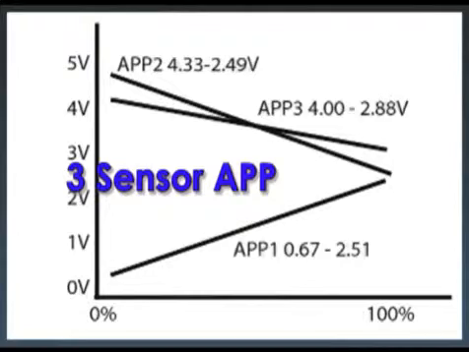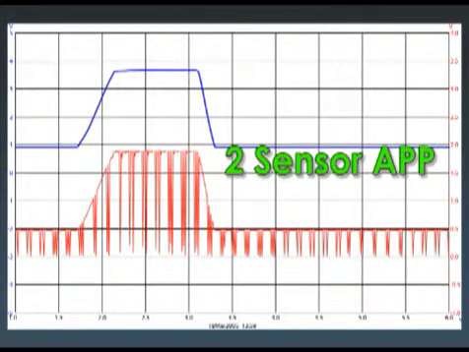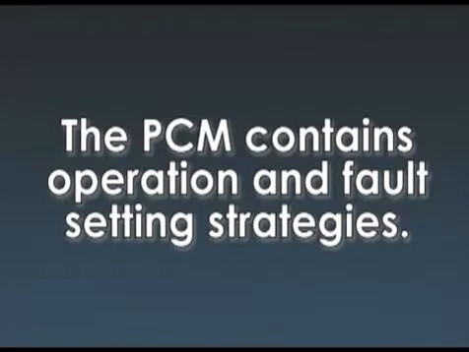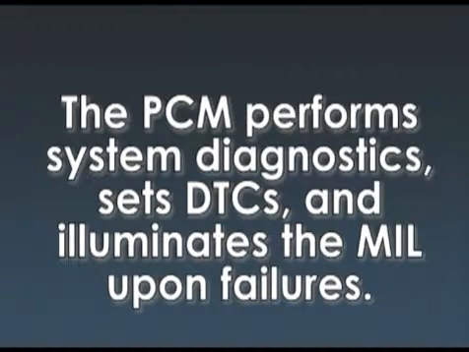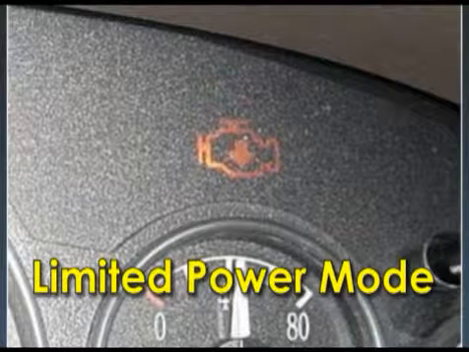Driver demand input is provided by the APP sensor. This input must be redundant and is error checking. The PCM contains the operation and fault setting strategies. It determines desired throttle blade position and other functions, and sets DTCs and illuminates the MIL upon failures. It is also responsible for entering limited power mode if a failure is detected.